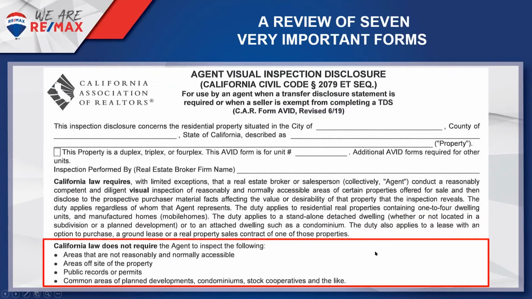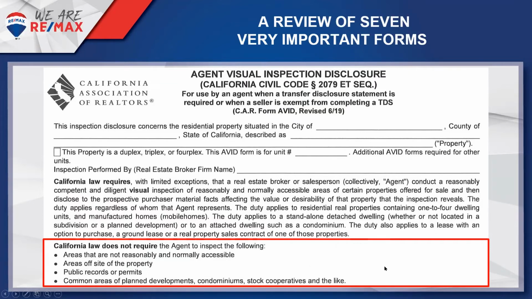Now, you do not inspect areas that are not accessible off-site of the property. You do not review public records or common areas of condominiums. So that's not part of your inspection. Don't inspect that. Once in a while, I see AVIDs with this information on it, and you've got to be careful with that.